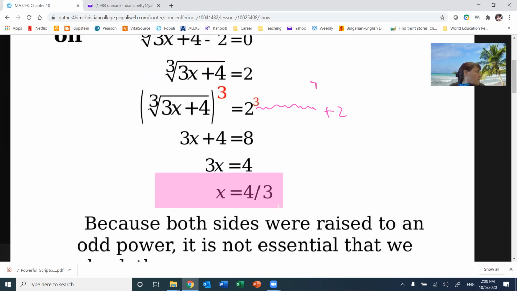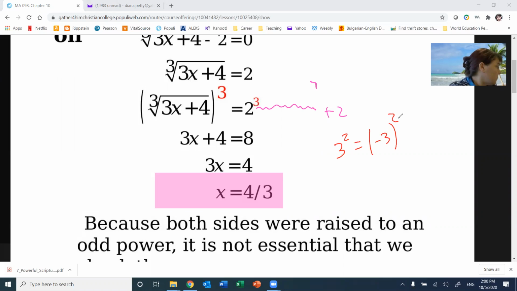So for example, let's see. If you have 3 squared, this would equal minus 3 squared, right?